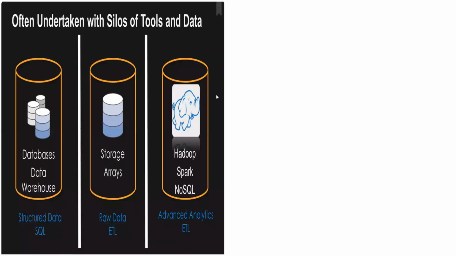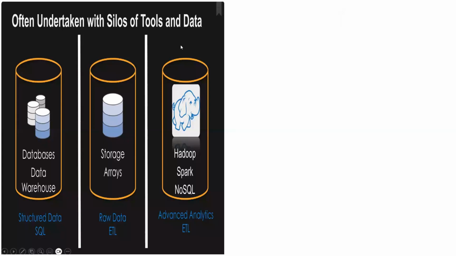Okay, earlier those things were done with the help of your databases, your big data, and some ETL tools like Informatica and DataStage, all those things people were using. Often that journey was undertaken with silos of tools and data: multiple tools, multiple users, multiple technologies.